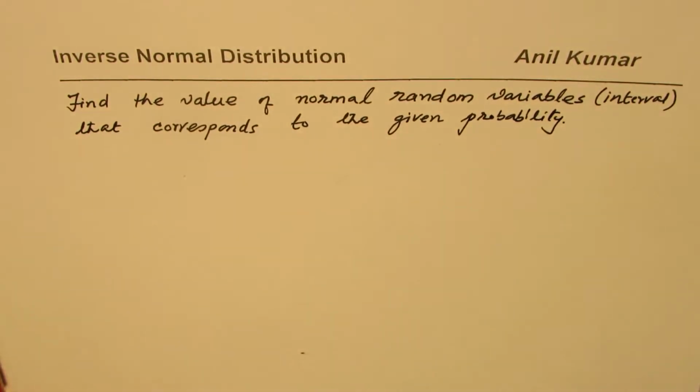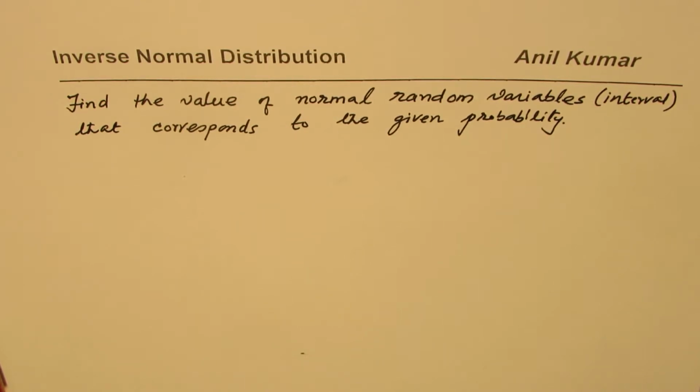I should say variables, right? It's normally an interval, so since we are talking about an interval, variables. So that is a kind of question when you need to do reverse work, right? So inverse normal distribution is used when the probability is given to us and we need to find the value of the random variable, possible values.